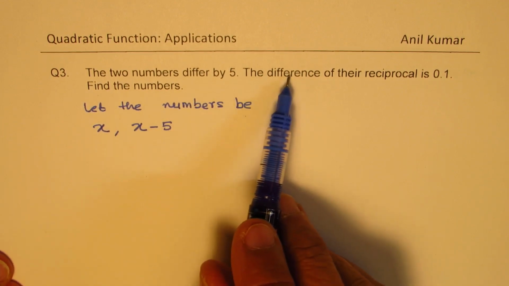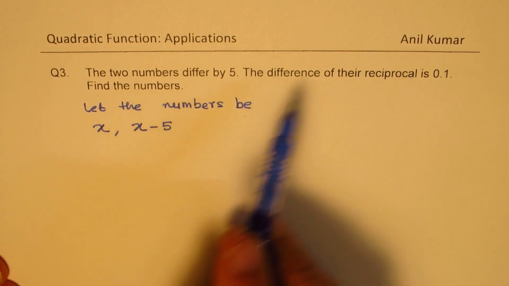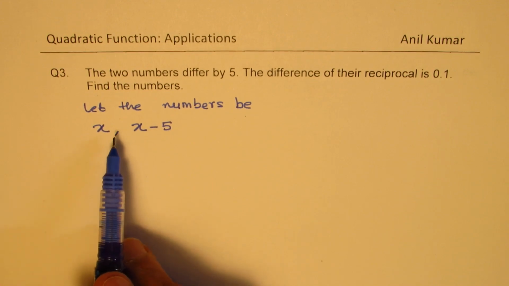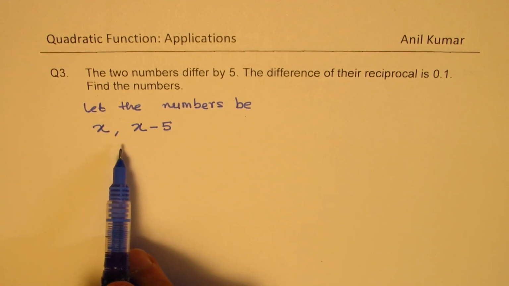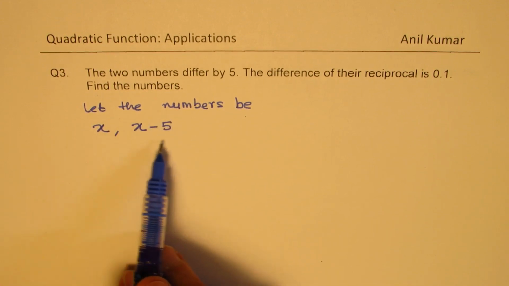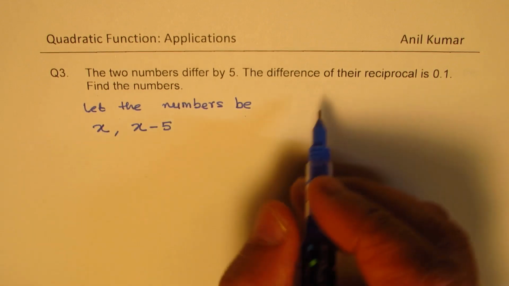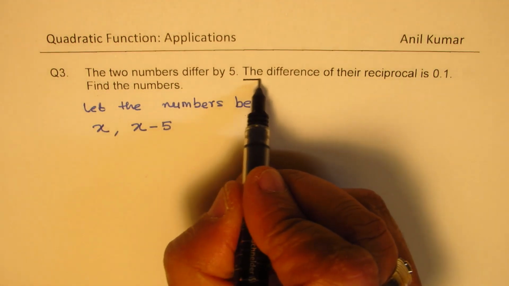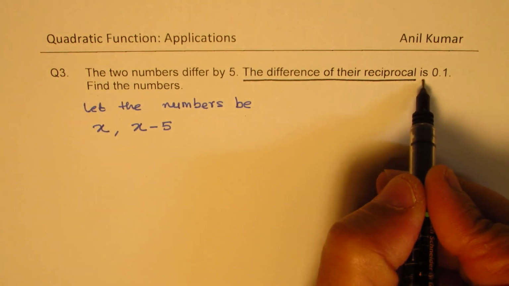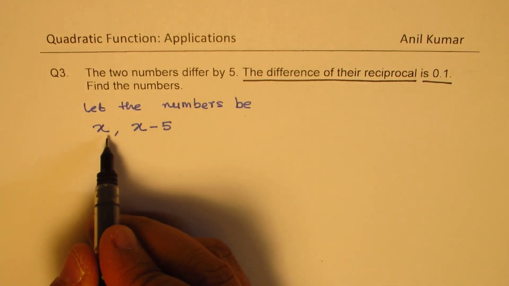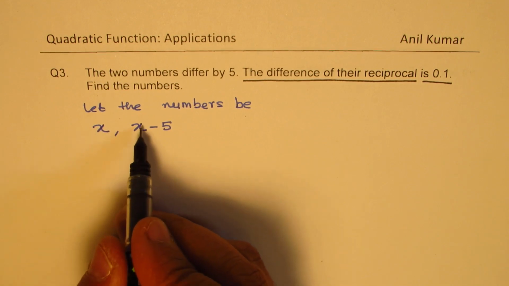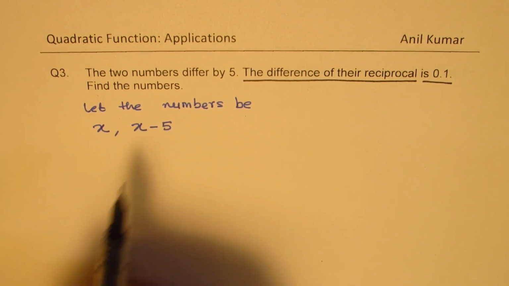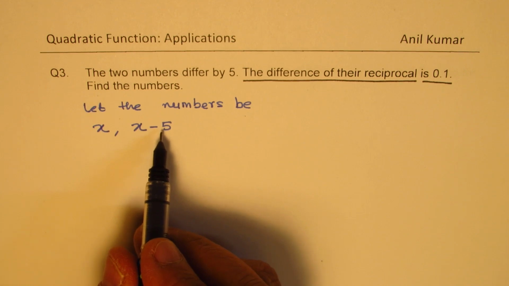And it says the difference of their reciprocals. Now, if I take the reciprocal, then this is a bigger number, right? So the statement is the difference of their reciprocals. The reciprocals are 1 over x and 1 over x minus 5. However, 1 over x minus 5 will be the bigger number, right?